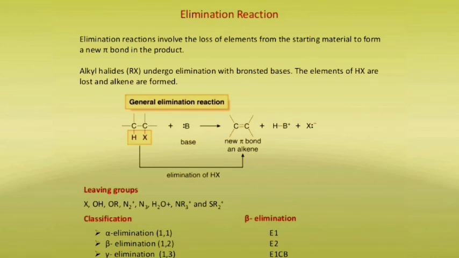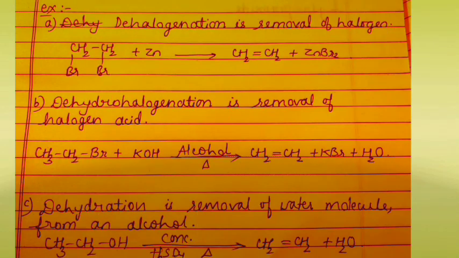It includes the following examples. First is dehalogenation, that is removal of halogen. Second, dehydrohalogenation, that is removal of halogen acid. And third is dehydration, that is removal of water molecule from an alcohol to get the formation of alkene.